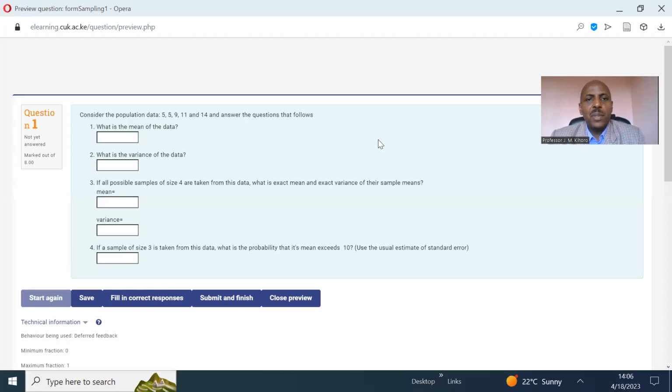I want to take charge of this exercise and take you through how you can work it out and relate it with what is in the notes. So allow me then to take some few minutes.